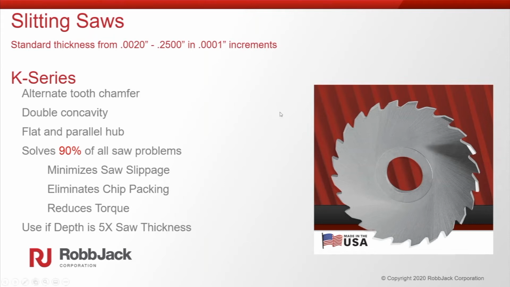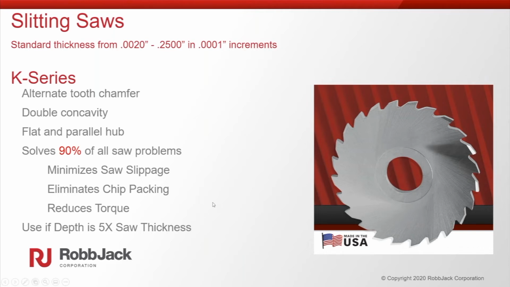And then we put twice the amount of clearance on the side, so the saw is getting thinner as you go towards the ID, and we were able to put twice as much on there because we also put a flat and parallel hub. This flat and parallel hub, which I'm going to show you in better detail in a second, is the same thickness as the tooth thickness.